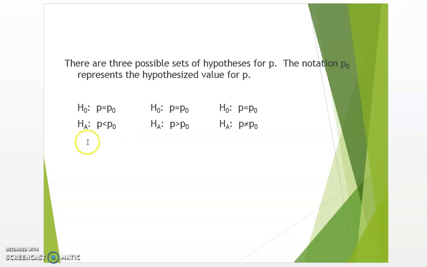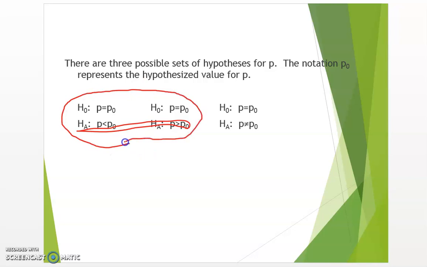All right, so there are 3 possible sets of hypotheses for population proportion. You can have p is less than p sub 0, or p is greater than p sub 0. These 2 sets, one is for left-tailed, and this is right-tailed. In general, these are called one-tailed tests, right?